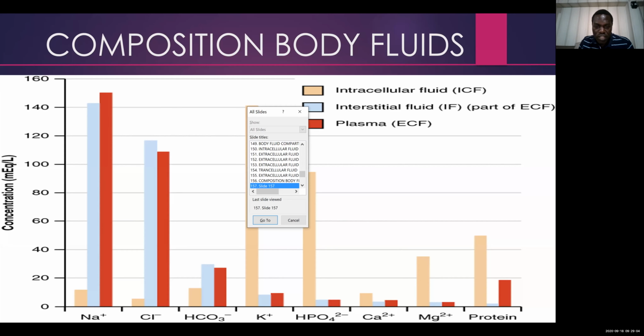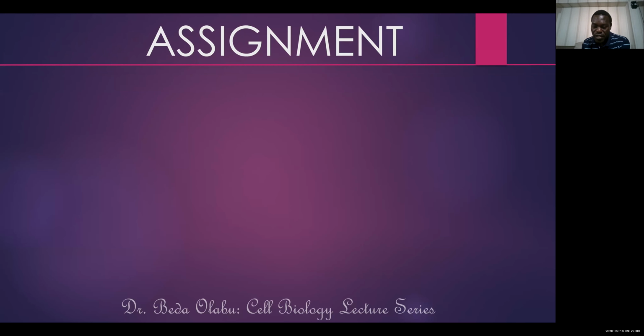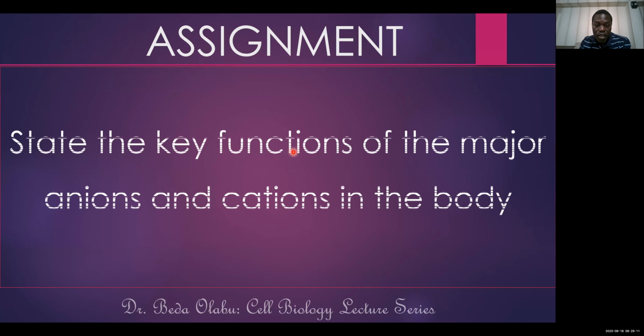So I want to finish this, but let me give you an assignment first. Again, you're not submitting this to me. You will, at your own time, state the key functions of the major anions and cations in the body. And just focus on the previous slide for you to know which anions, which cations.